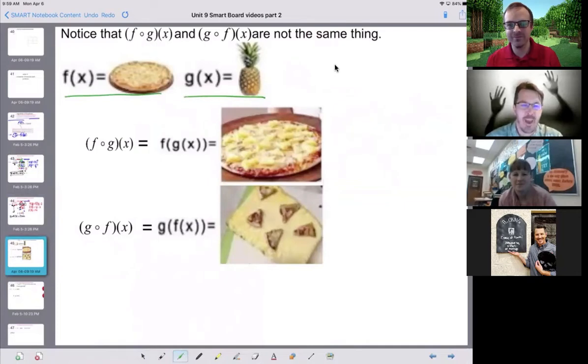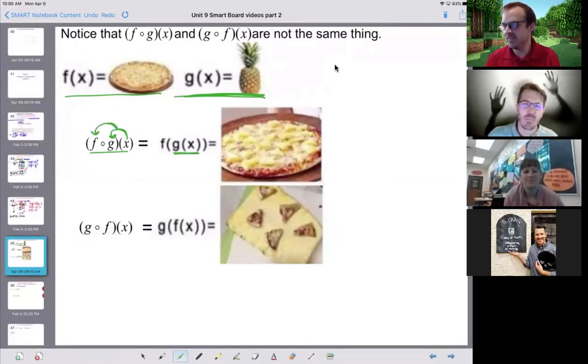So f of g of x, if I put x into g, which is pineapple, I'm taking pineapple and putting it into my pizza. And so I end up with pizza with pineapple on it.